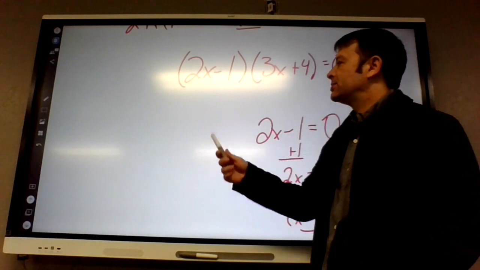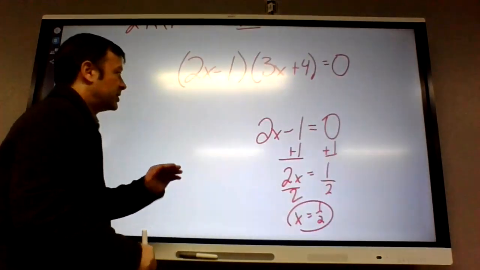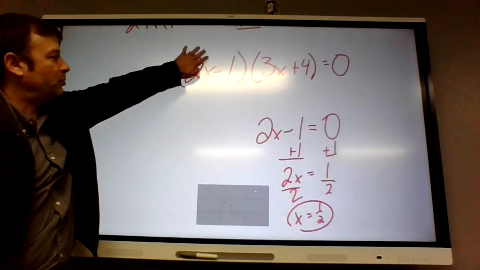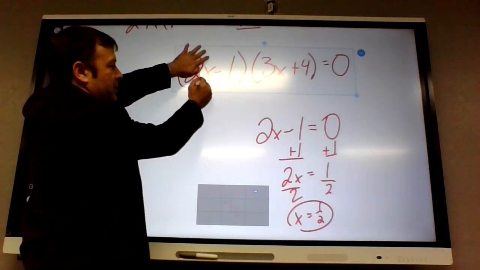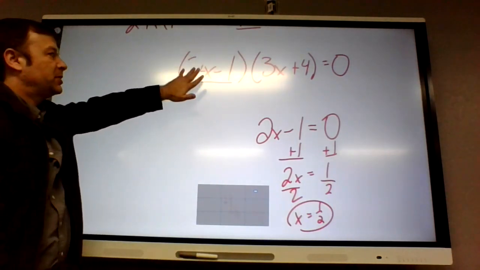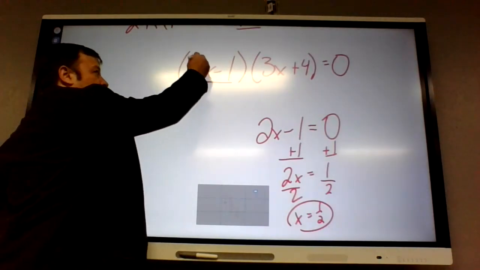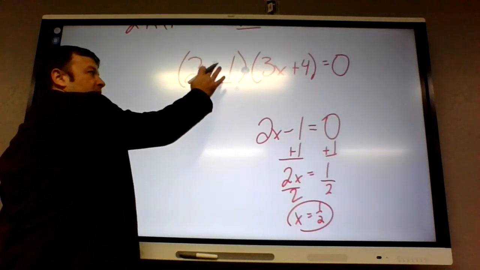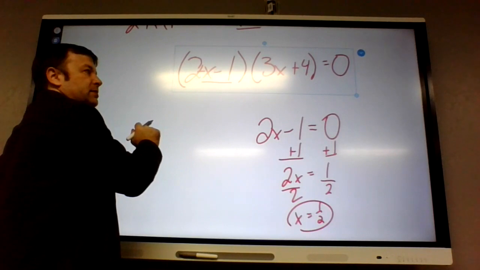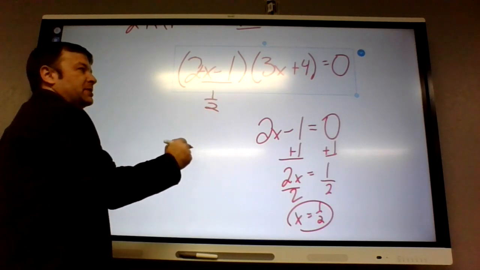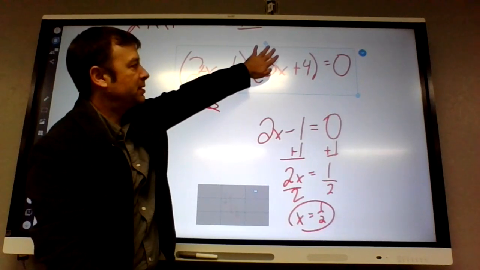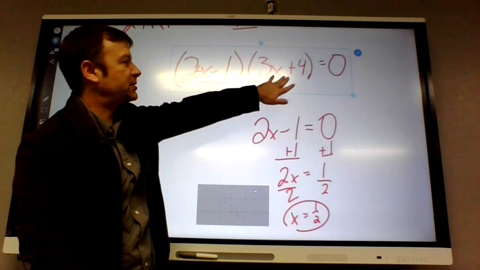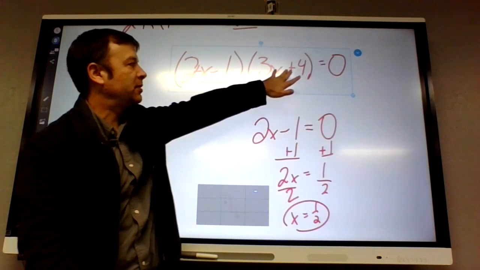Okay, so let me cover this up. If I cover the 2 up, what would the answer have been? What x value makes this a 0? Positive 1. But if there's a number in front, it's positive 1/2. You guys get it? If I cover this 3 up, what would the answer have been? Negative 4. But now it's actually going to be negative 4 thirds.